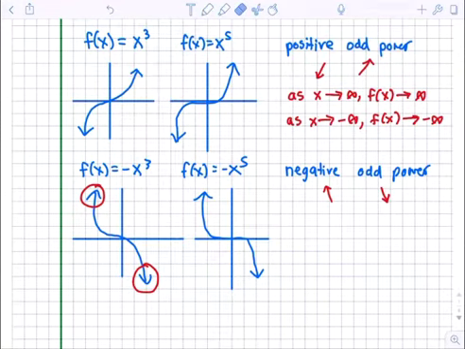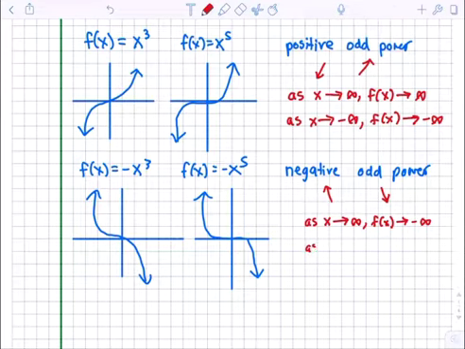To describe the end behaviors, we say as x approaches infinity, f of x approaches negative infinity. And as x approaches negative infinity, f of x approaches infinity.